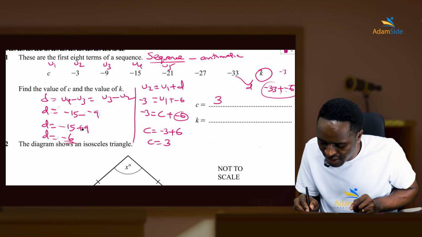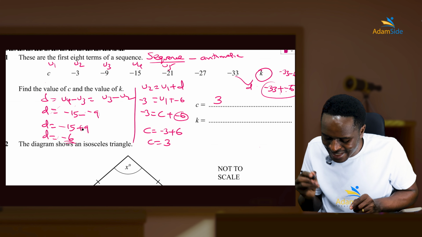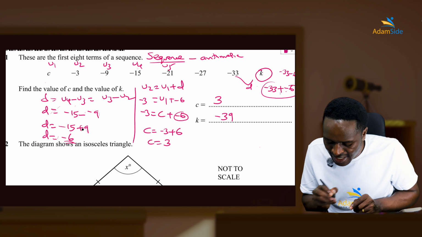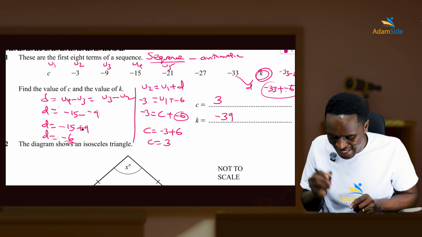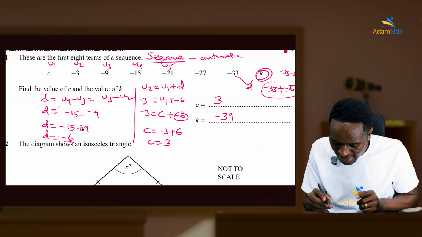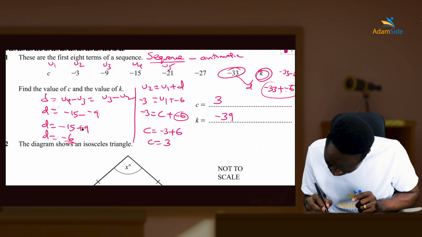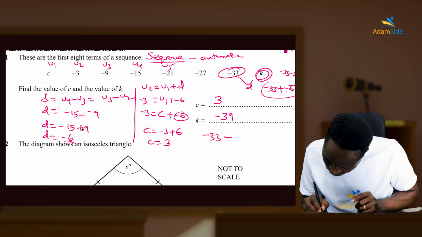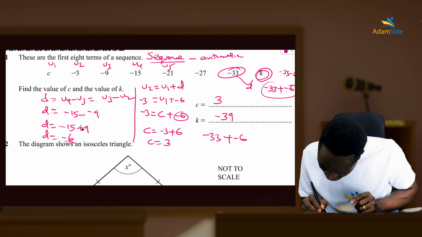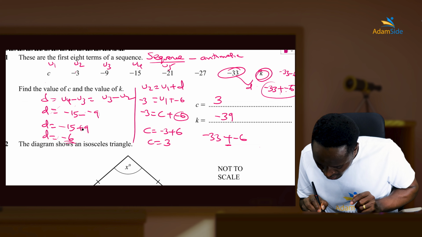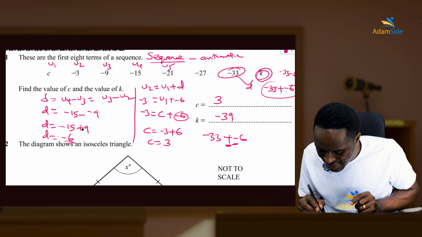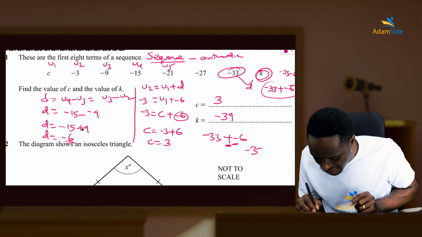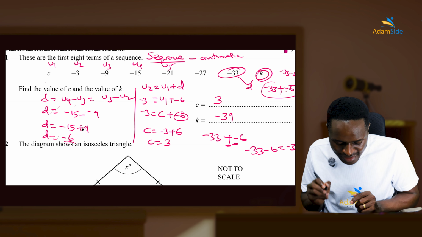So negative 33 minus 6 is negative 39 as the value of K. So obviously we understand that we take negative 33, which is the number, plus the common difference, which is negative 6. And when positive follows negative, the resultant is negative. So negative 33 minus 6 is negative 39, which is the answer there.